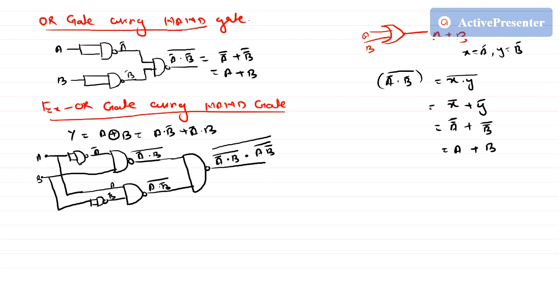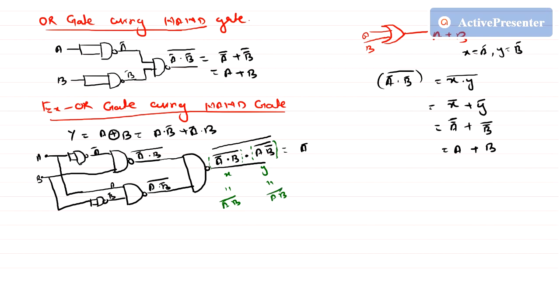So if I break this using De Morgan's theorem, I will consider this as x and this as y. So x is A bar dot B whole bar and y is A dot B bar whole bar.